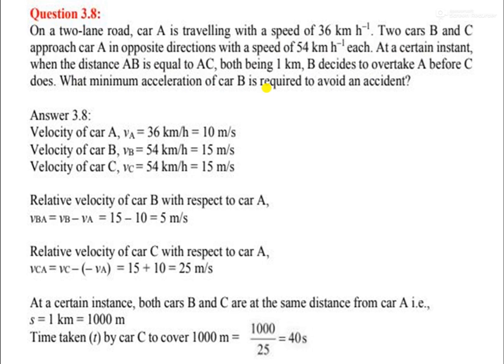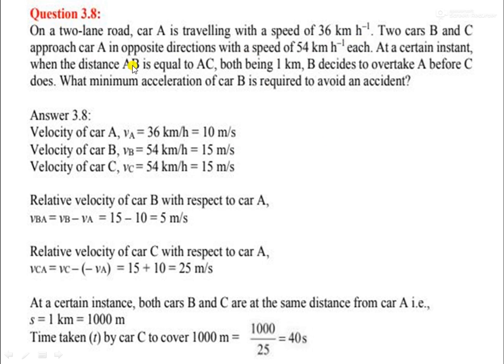Now the question is like this. There is a car which is traveling with 36 km per hour. Suppose this is the direction of car A. Two cars B and C approach car A in opposite direction. That means if car A is going like this, one car is coming from this point and one car from this point, and they have certain speeds at a certain distance.